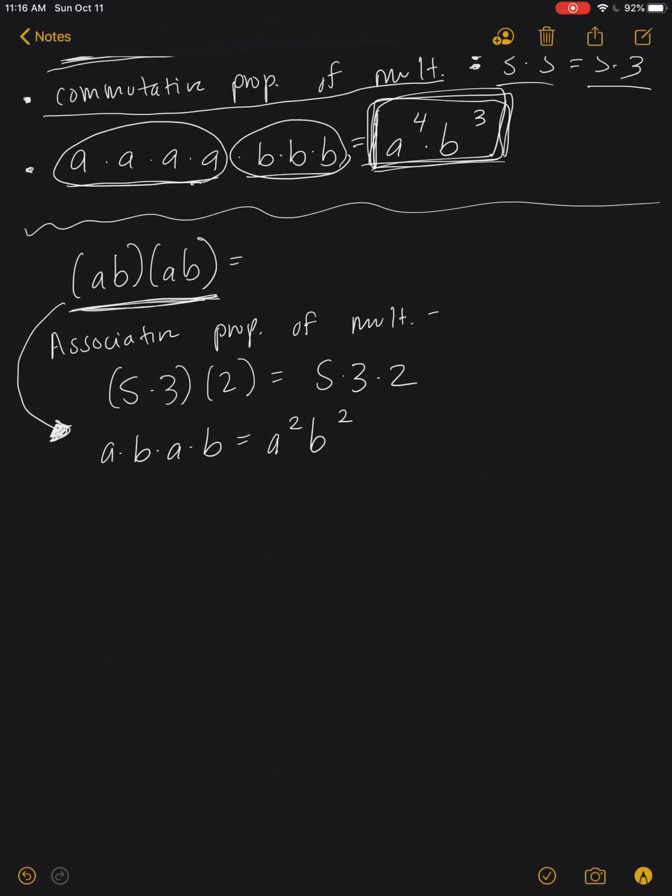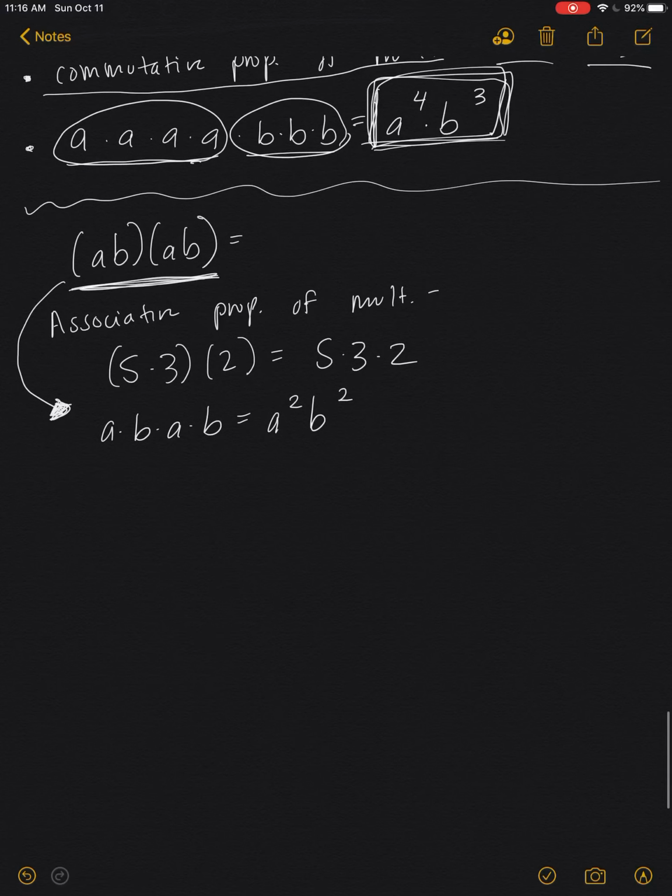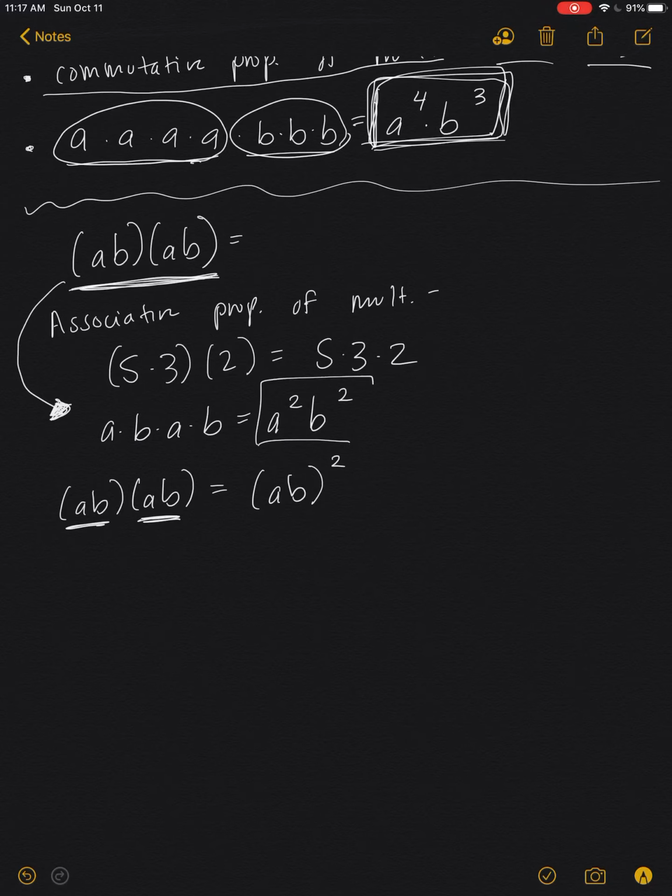The reason I want to bring this up is because another way you might see it written is, you could think of the AB as a base, and we're repeating AB times AB. That means you could say (AB) squared.